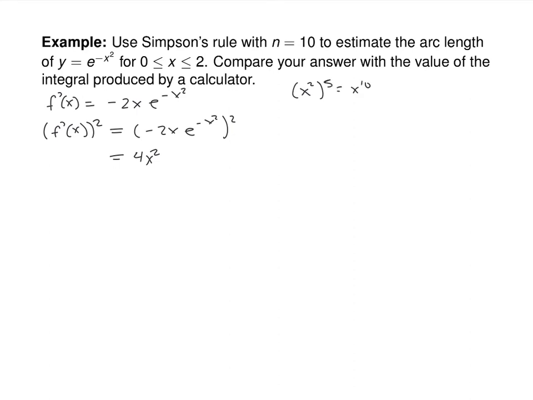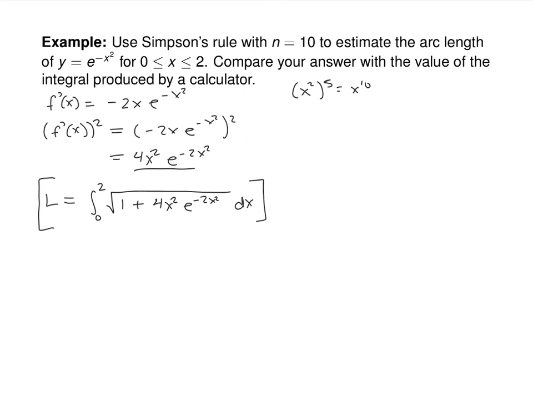So your arc length is an integral from 0 to 2 of the square root of 1 plus 4x squared e to the negative 2x squared dx. So this is the thing that you need to estimate.